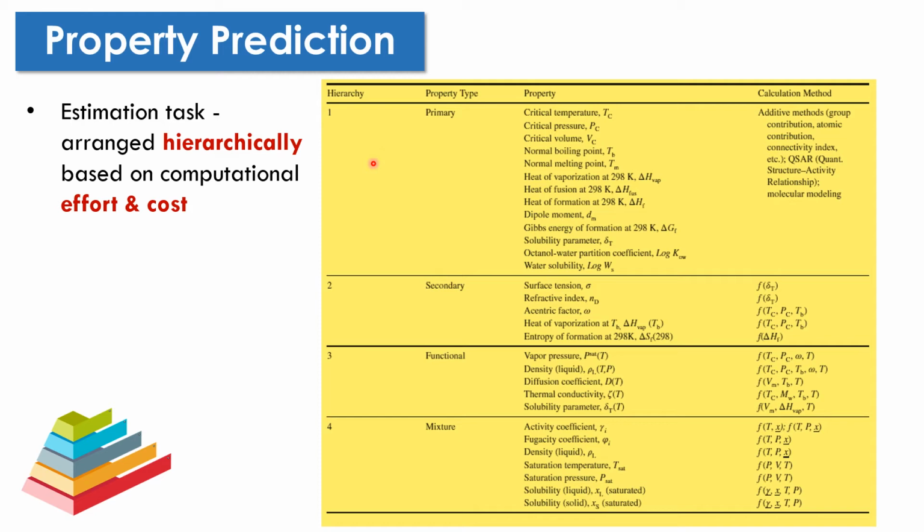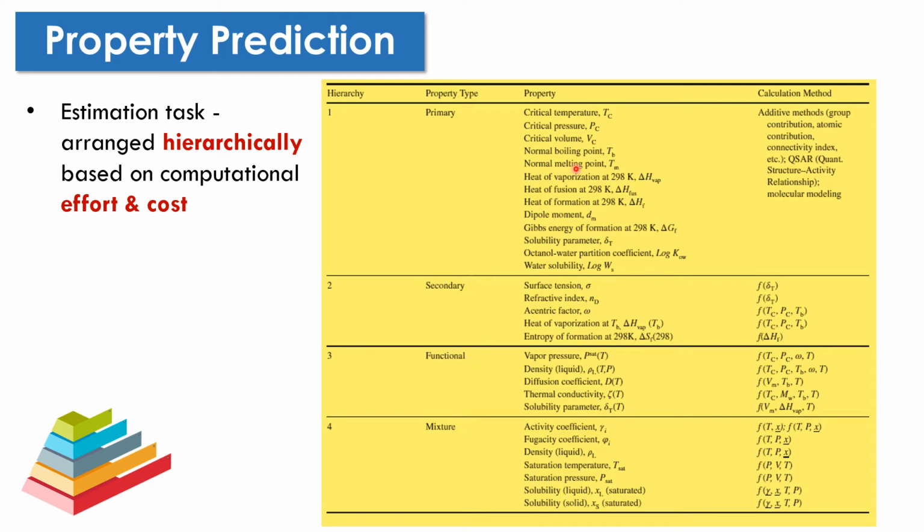So this is an example of the distribution of the properties according to the hierarchy. We have hierarchy number 1, 2, 3, and 4 here, and for each hierarchy we can see that there are different property types: primary property, secondary property, functional, and finally mixtures.